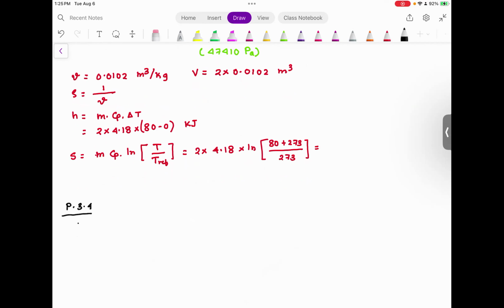So determine mean specific heat for superheated steam at 1 bar between the temperatures T is equal to 150 degrees C, and T is equal to 200 degrees C.